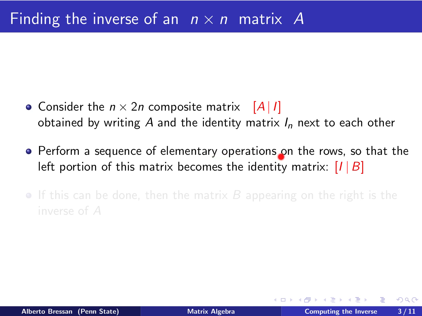As we perform the elementary row operations on A, we do the same for the rows on the right, that originally identity block. We carry this out, and we will have reached something like this: where A was earlier, it becomes the identity, and where the identity matrix was on the right, it becomes some other matrix.